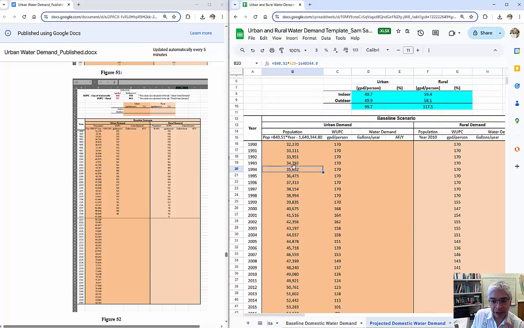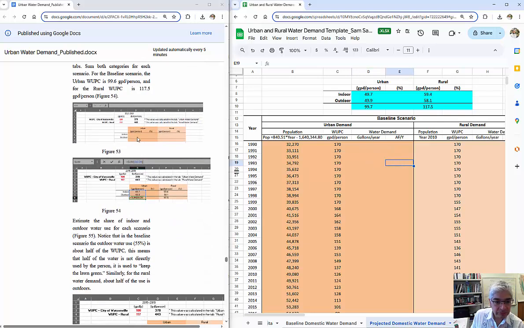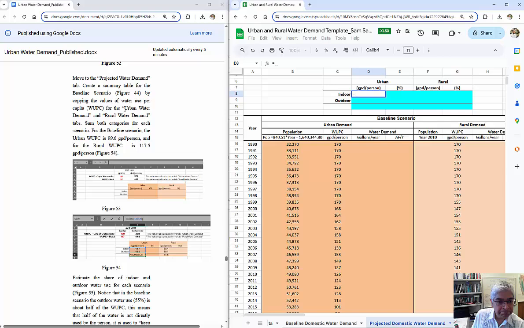If we have the water use per capita, then we calculate the gallons per year and then the acre feet per year. So in this case, this value comes from here. This we are gonna borrow from our previous section. So basically what we're going to do is go here to, in this case the indoor should be projected water demand.